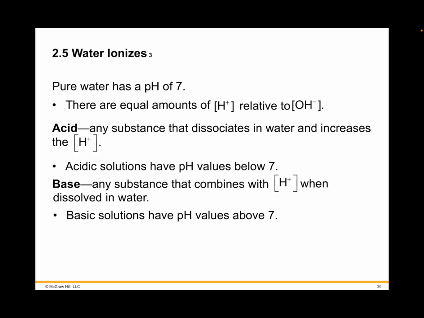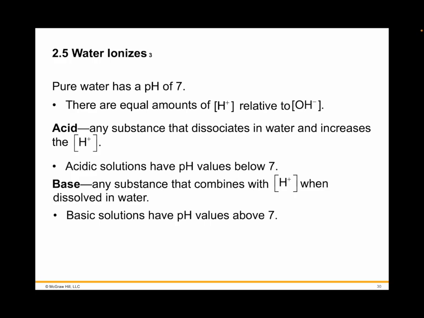The stronger the acid, the more hydrogen ions, so the lower its pH. For example, hydrochloric acid, which is abundant in your stomach, ionizes completely in water, giving the solution a pH of 1.